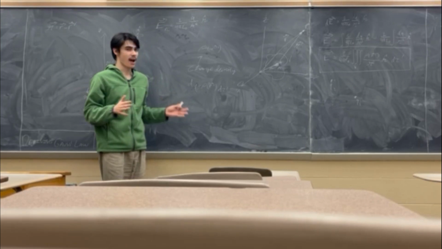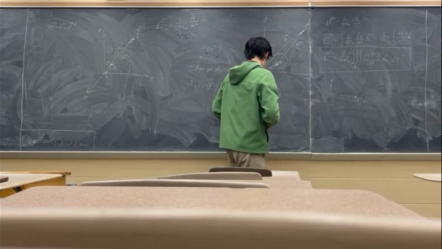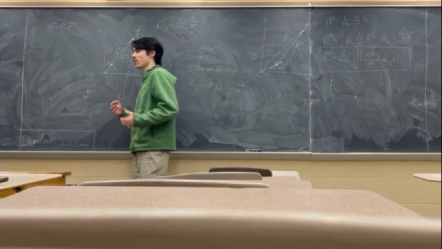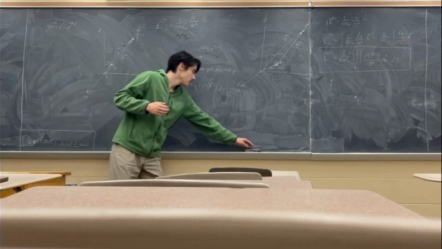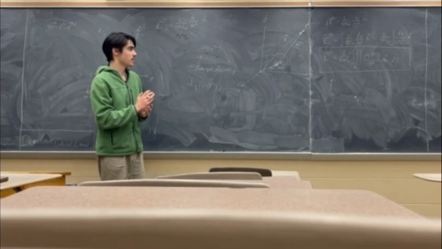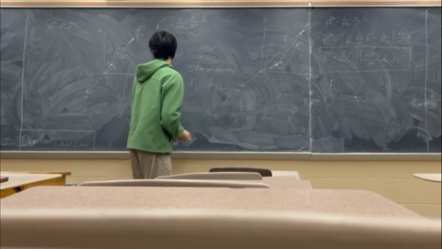Okay, so now, what do we want to do next? Well, I said my goal today was to derive Gauss's law. Gauss's law says something about the divergence of the electric field. So I want to calculate the divergence of this.